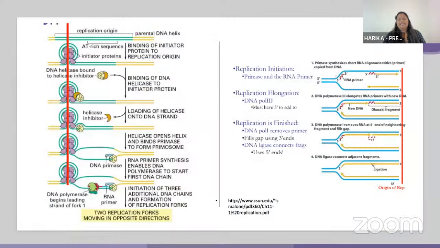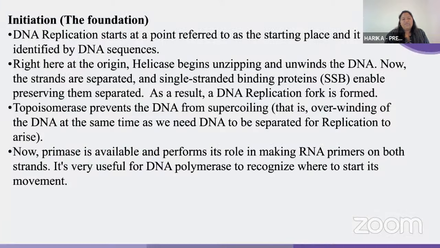Whenever it starts the process from 5 dash to 3 dash, we call it initiation. This is the first step, known as foundation, the point where the primase initiates the process of binding.